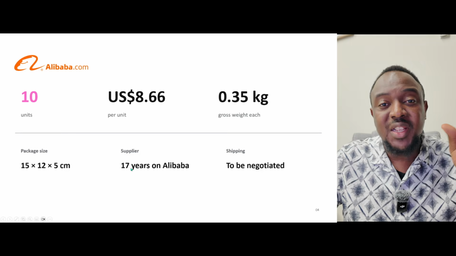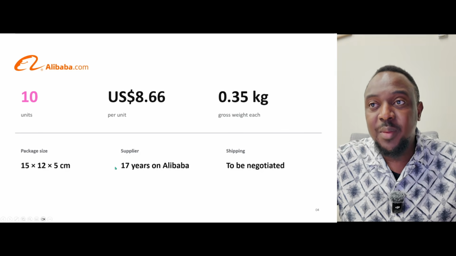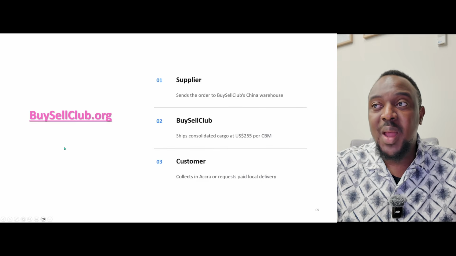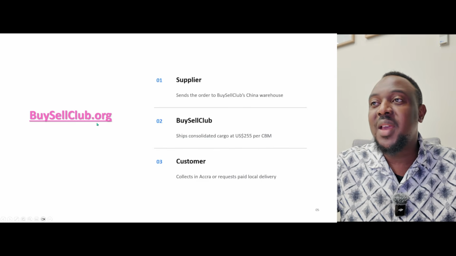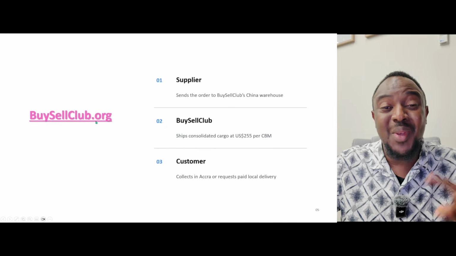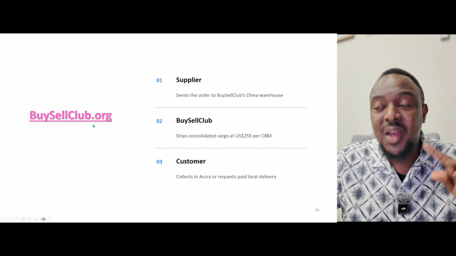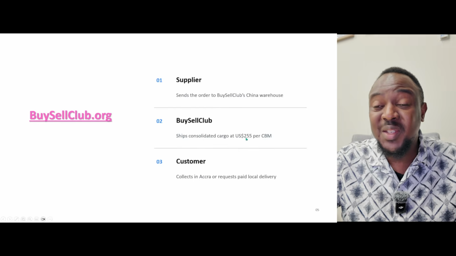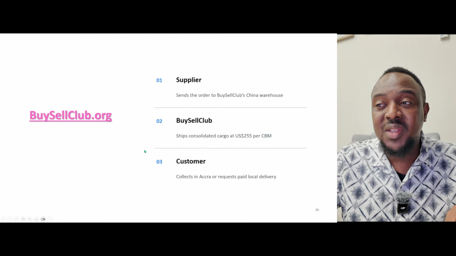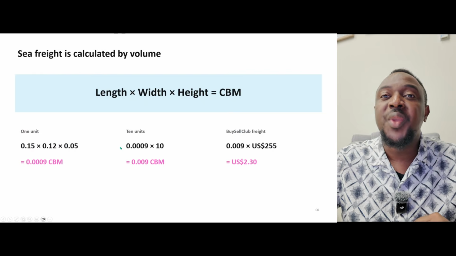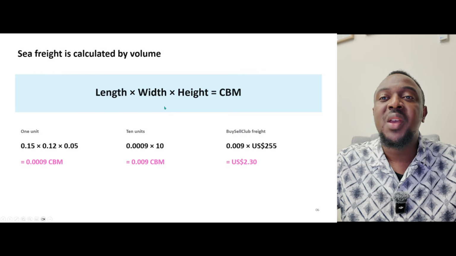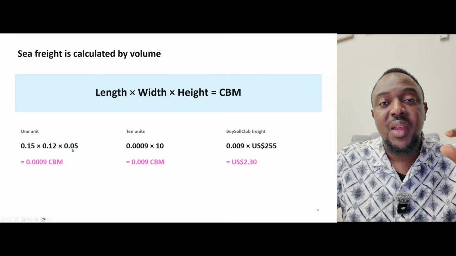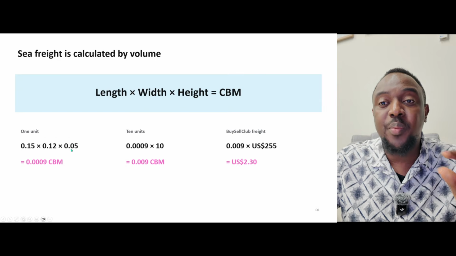On the BuySellClub website, which we use as our shipping agent from China to Ghana, their rate is $255 per CBM. So how do you calculate your CBM? This is the dimension of the Bluetooth portable printer.